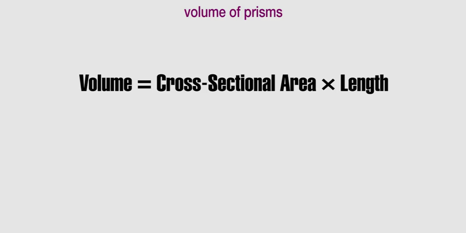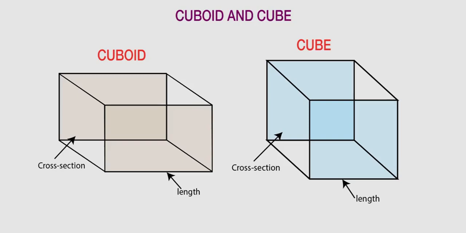We shall now consider the various prisms. Let's look at cuboid and cube. The cuboid and cube look alike, but differences exist between them. For instance, the edges of the cube are the same. In other words, each surface of a cube is a square.